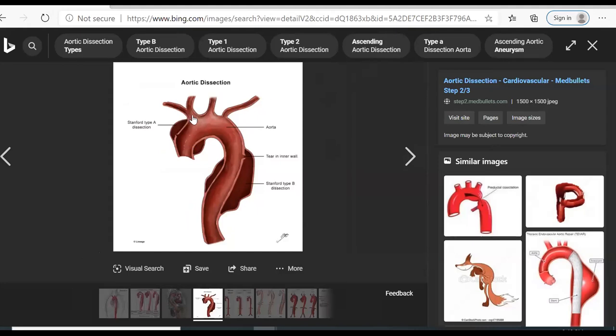This is your brachiocephalic artery, carotid artery, subclavian artery. If any patient has dissection before the subclavian artery, like this patient having dissection here. See, this is the tear here, and this is the false lumen where the blood is collecting. This is called a Stanford type A dissection. If it is distal to the subclavian artery, like here, then it's called a Stanford type B dissection.